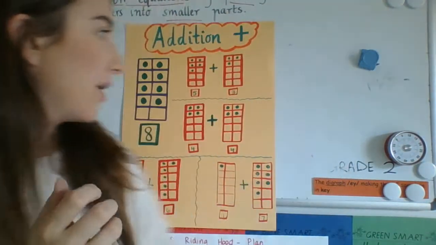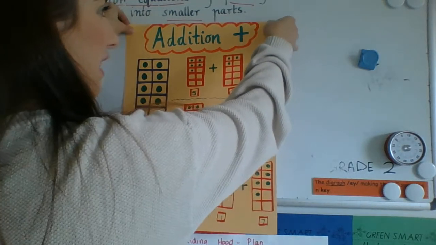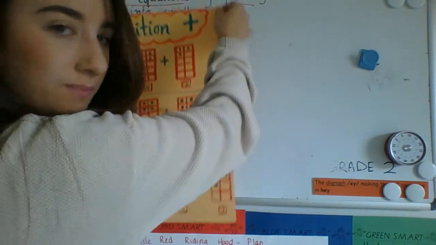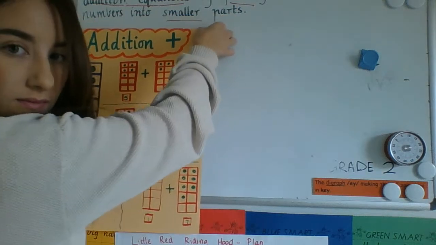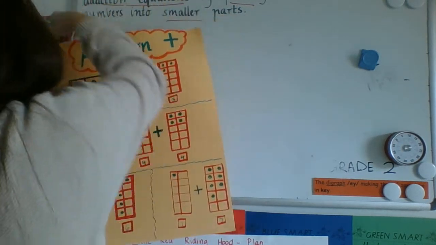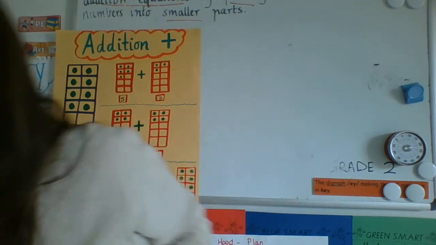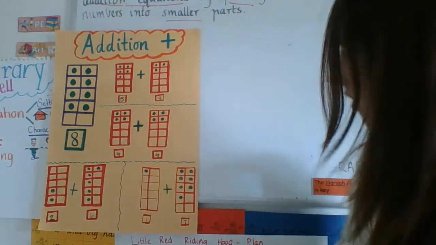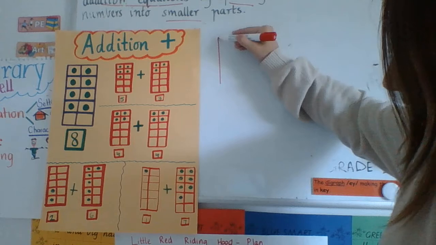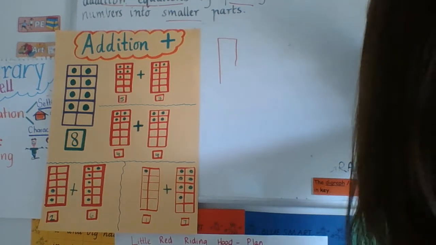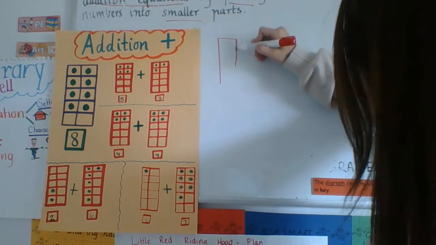So what I'm about to do, and watch very carefully because you're going to do the same thing in your book very soon. Okay. All right. Now, I'm going to draw another tens frame. Now watch how I do this.